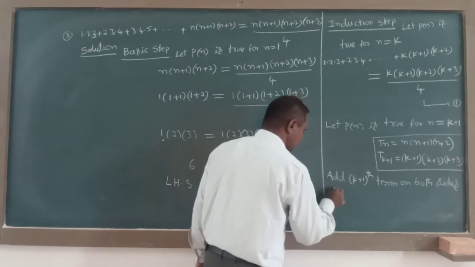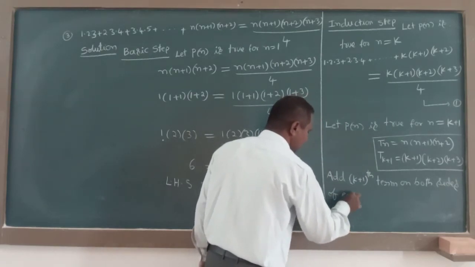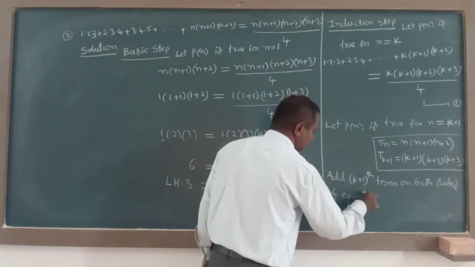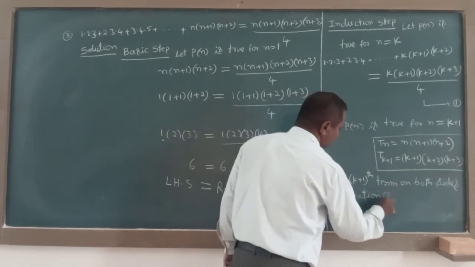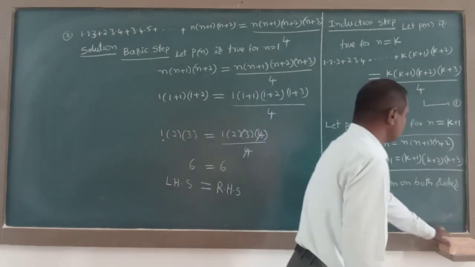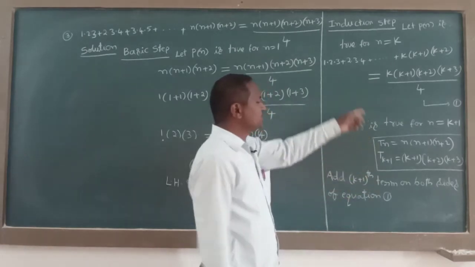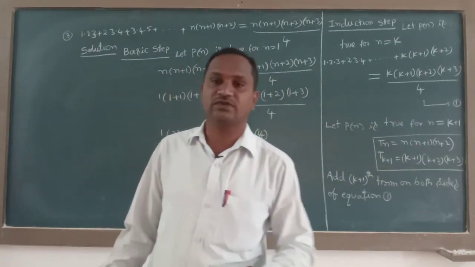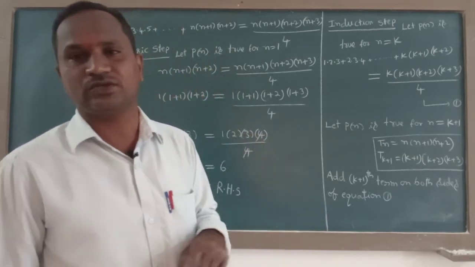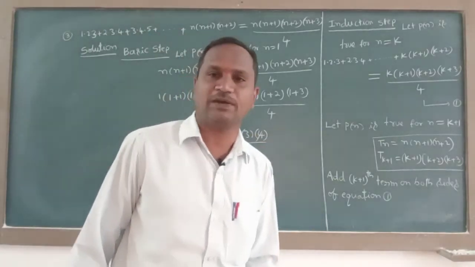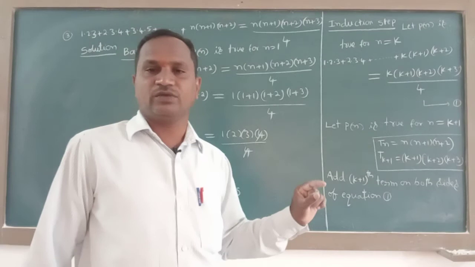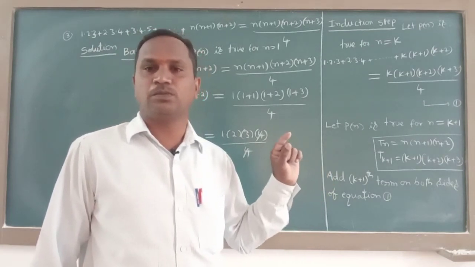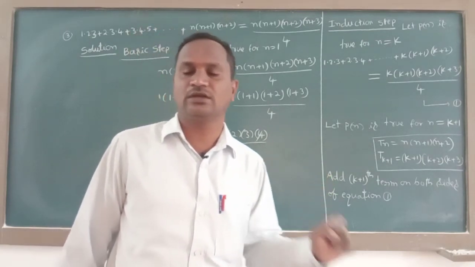To this equation 1, we must add this k plus 1 term. What is the k plus 1 term here? K plus 1 into k plus 2 into k plus 3. That term we must and should add on both sides of equation number 1 here.